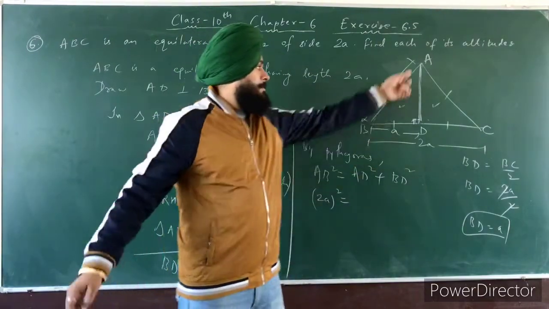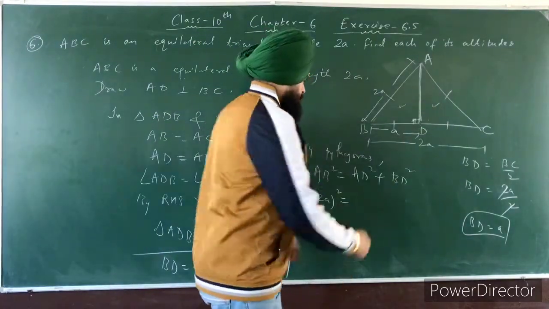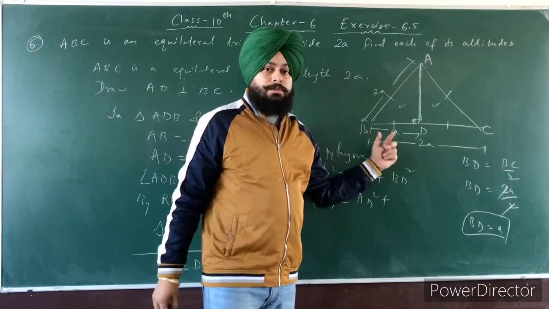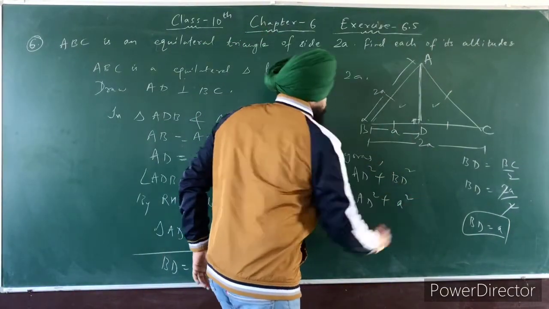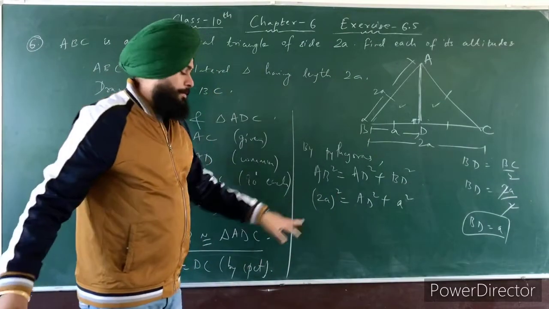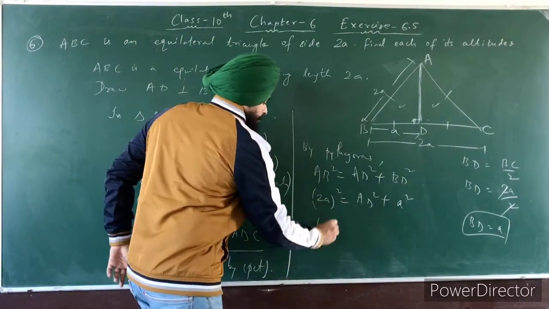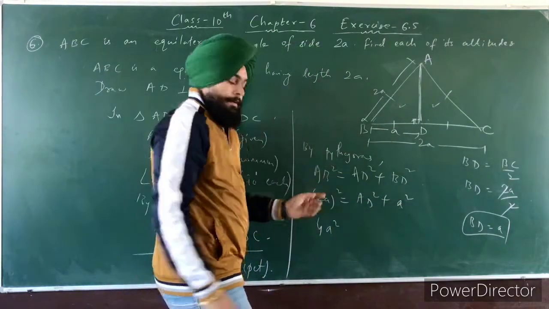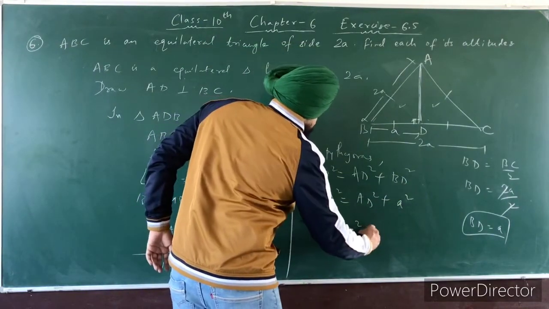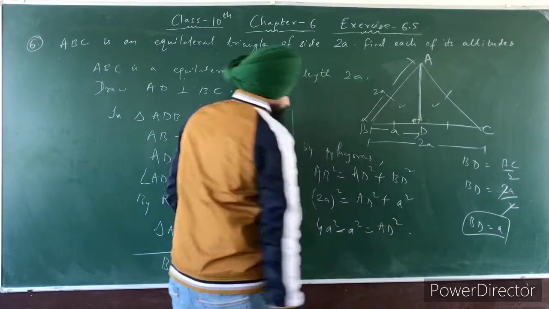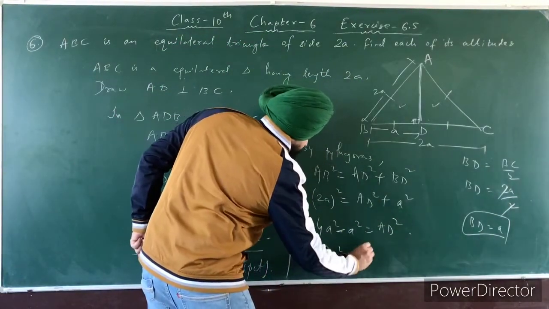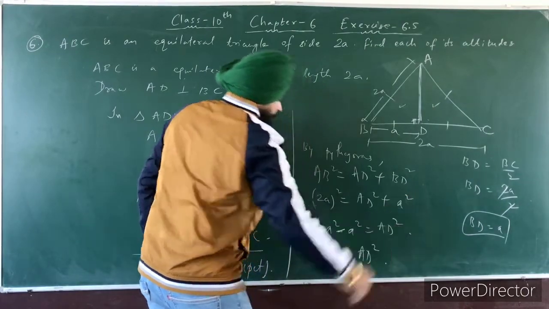Length of AD is, which we can find? So write as it is AD square, and the length of BD is how much? It is a only, a square. Now 2a whole square is how much? 2 square is 4, a square. Take this plus a square on the left side, so it is minus a square. Now what is 4a square minus a square? 3a square is equal to AD square.